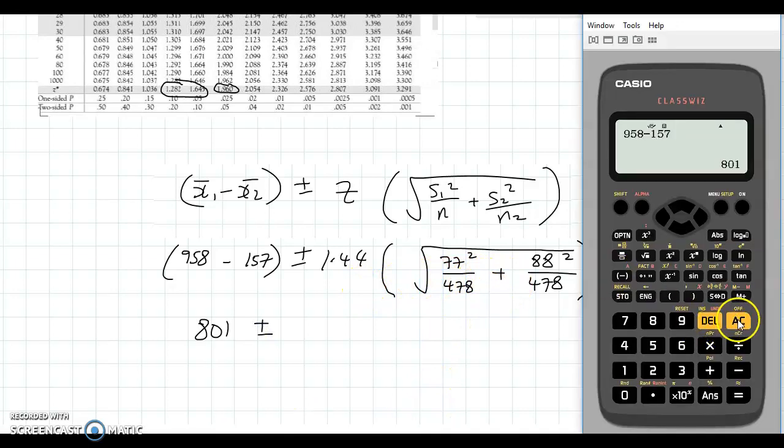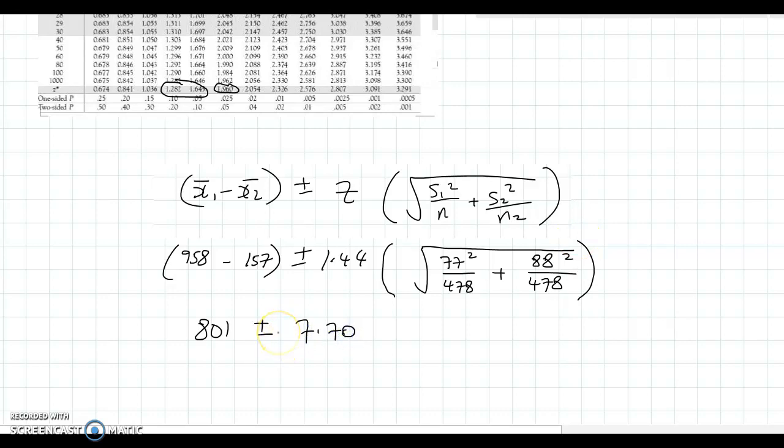So we have 1.44 multiplied by, and I'll open a bracket, don't really need a bracket but it'll do no harm, square root of fraction key 77 squared over 478, plus another fraction, 88 squared, also over 478, and then the closing bracket, press equals, and we get 7.701, or 7.70 to two decimal places.